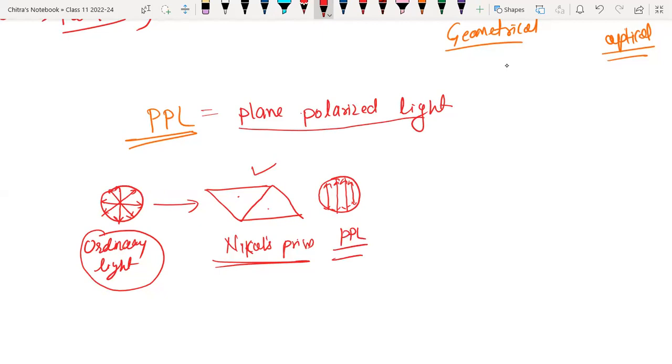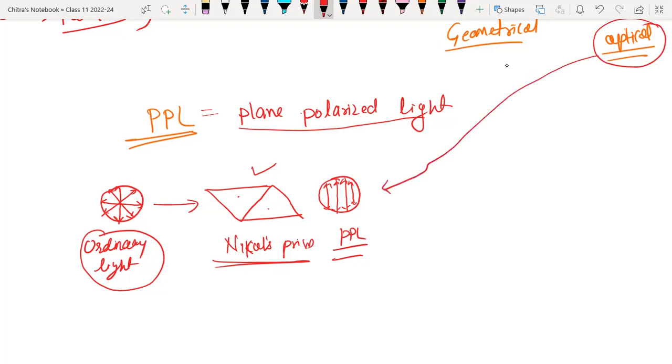Understood what PPL is? The light ray which vibrates only along a single plane is called plane polarized light. Now we are going to understand optical isomers, because to understand that we had to learn what PPL is.